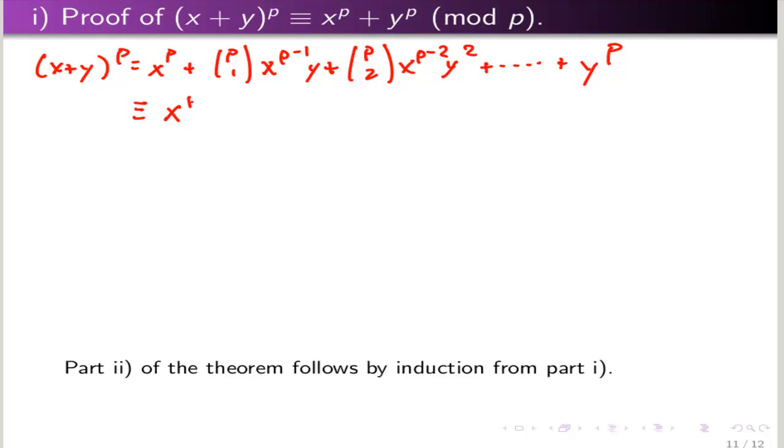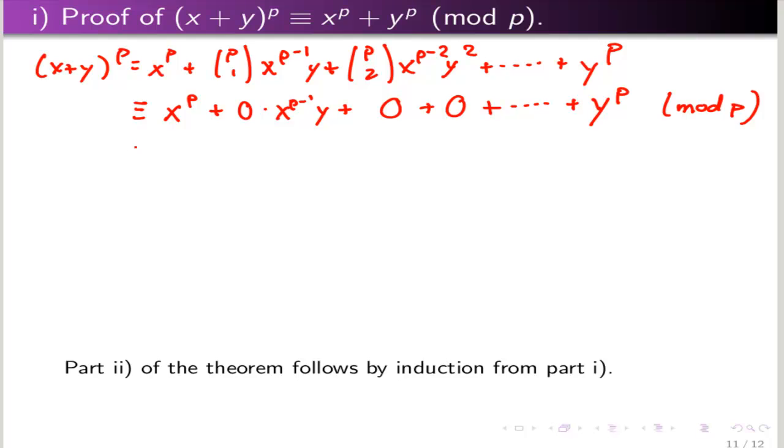So mod p, these terms are all 0, plus 0, plus 0. And the only term that survives is the term y to the p, together with the first term right here. And that's all there is to it. I'll let you think about writing a formal proof. It just follows by induction, the second part of the theorem.